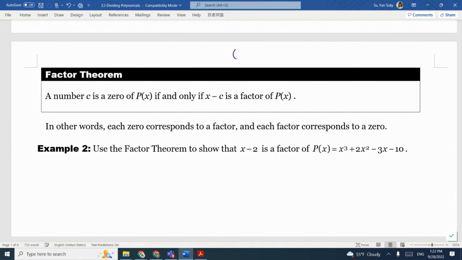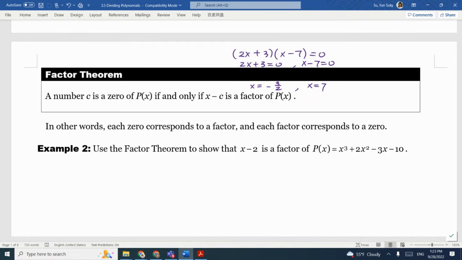So if we get something like 2x plus 3 times x minus 7 equal to 0, I just made it up. How do you find a 0? You set each factor equal to 0 and you solve for x. What's x? Yes, x equals -3/2 and x equals 7.